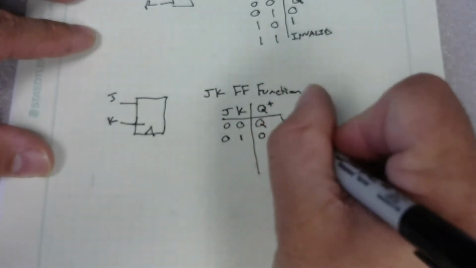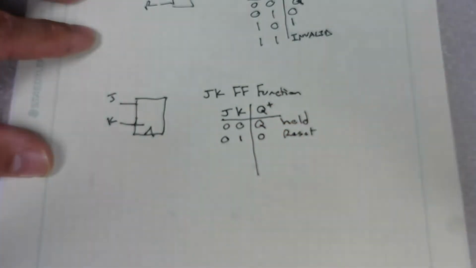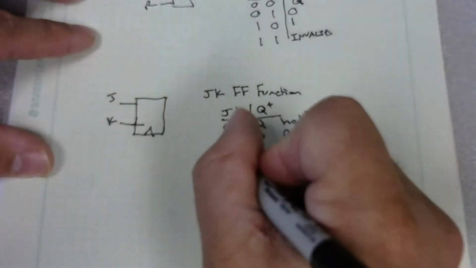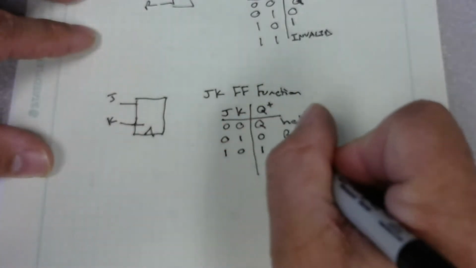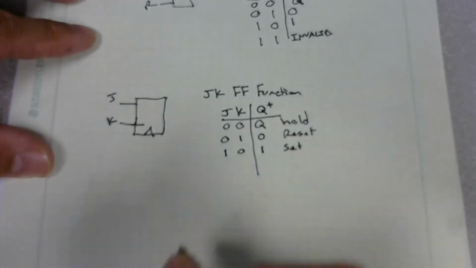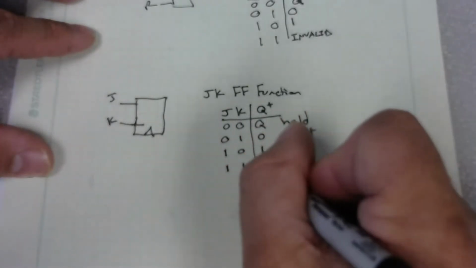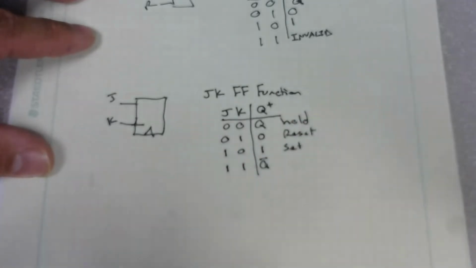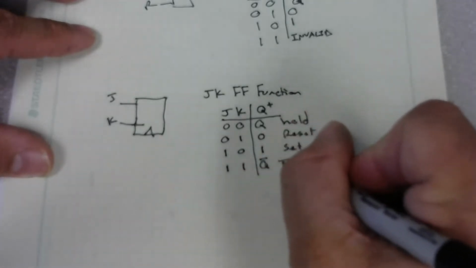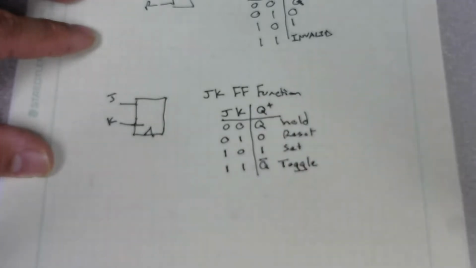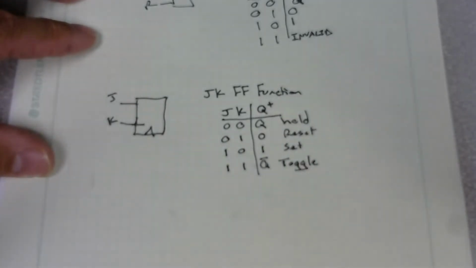So that's a reset. And then we get 1, 0, we get a 1, so that's a set. And then we have a 1, 1, which is going to be Q bar, which is toggle. And that's the function table of the JK flip-flop.